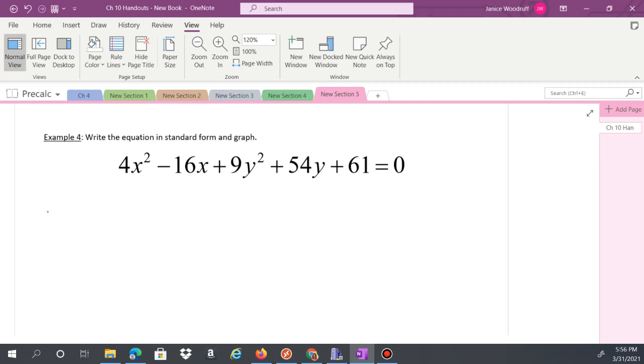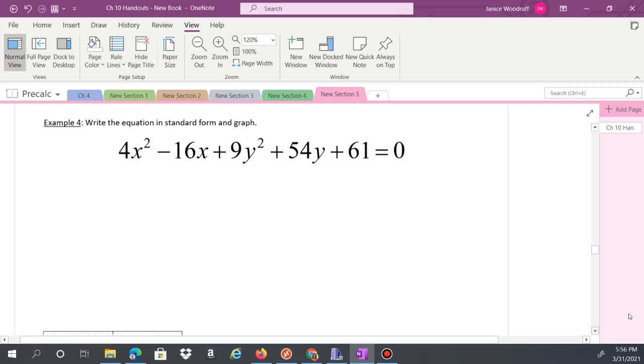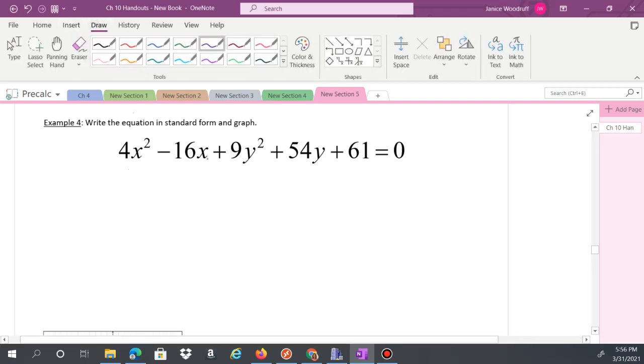You're going to set up to complete the square. You would take your x's and group them together. So you've got 4x squared minus 16x. Then you have a 9y squared, positive, plus 54y. And then take that 61 and move it over here, -61.